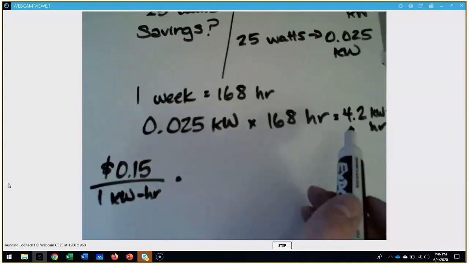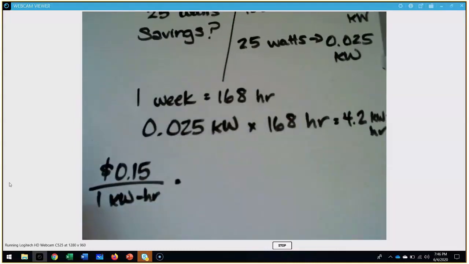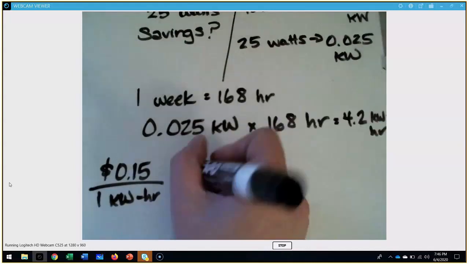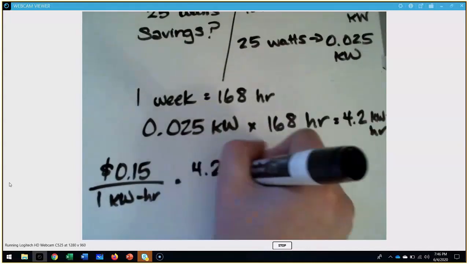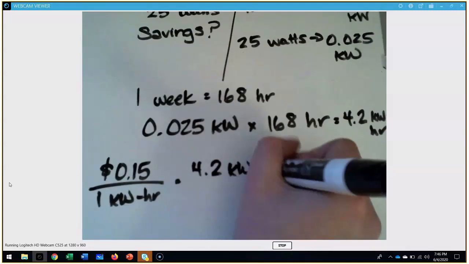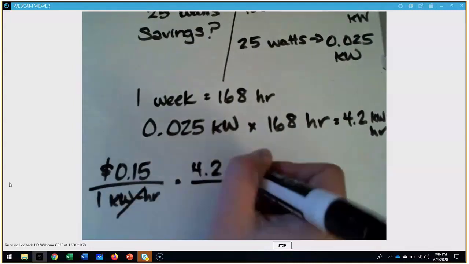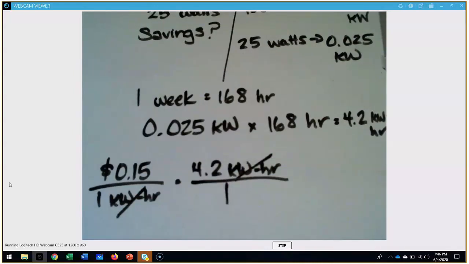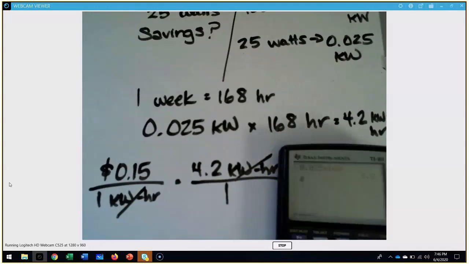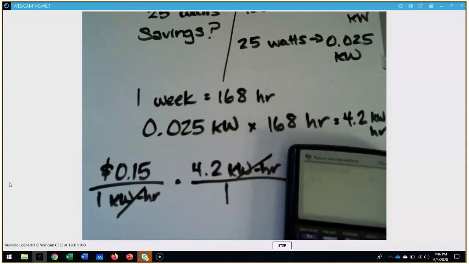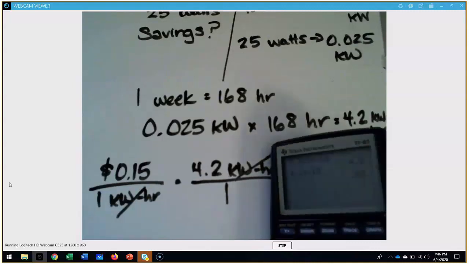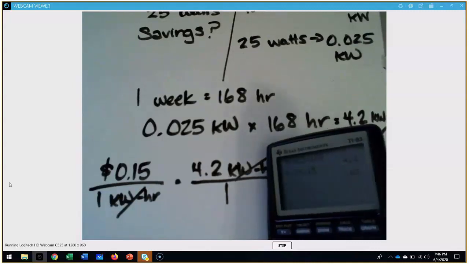And now it's not 16.8 kilowatts, it's now only 4.2. And then that'll give me the cost to run this LED bulb. So let's see, 4.2 times 15 cents. It only costs 63 cents then per week.